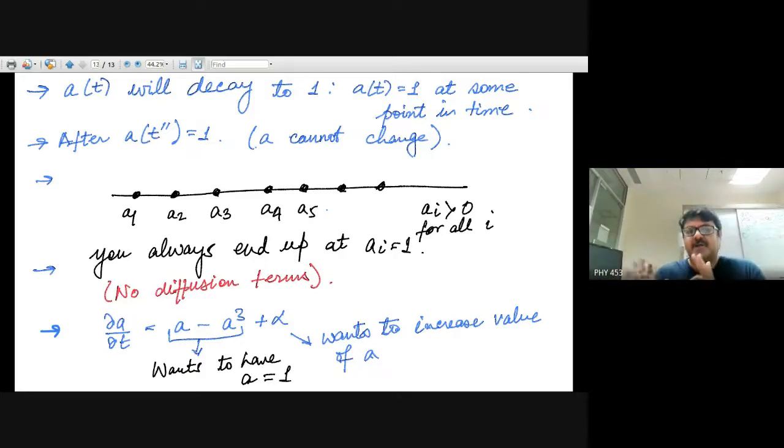So I'm not discussing when alpha is huge, because then I don't know. But suppose the value of alpha is 0.05 or 0.1 or 0.2, then there will be some value of A where A plus alpha will be equal to A cube. And that will be the modified fixed point.